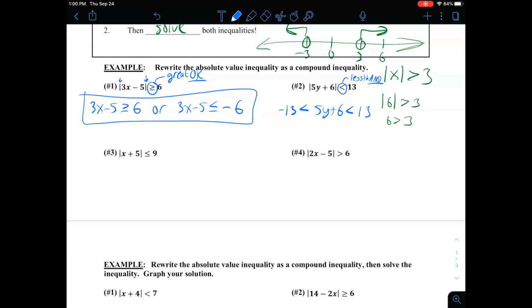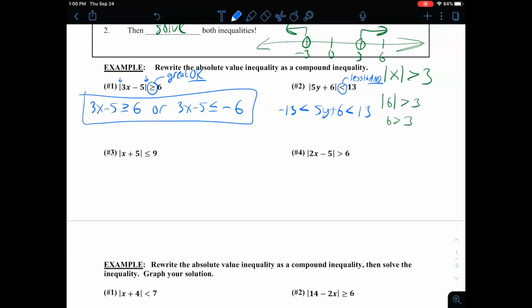Because what it's saying is that this 5y plus 6 needs to be between -13 and 13. The distance of this, whatever you plug in for y, needs to be between -13 and 13, or the whole distance is within 13 of 0, which is those two options, right?